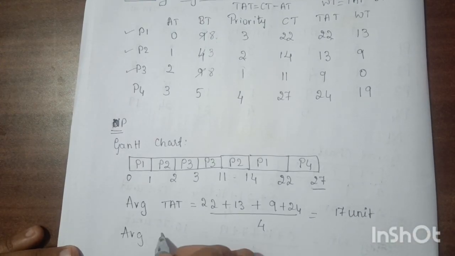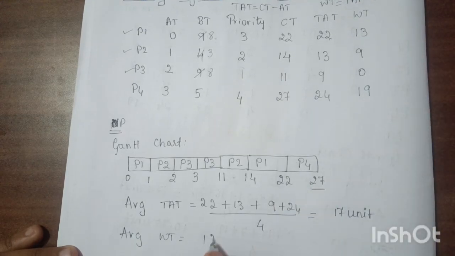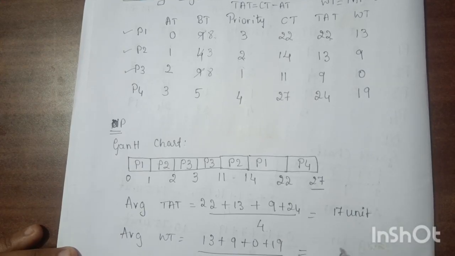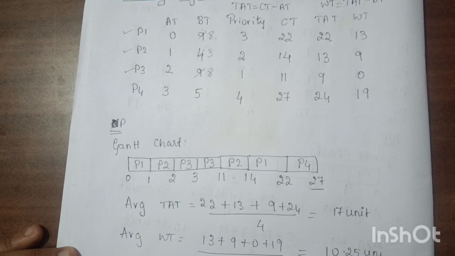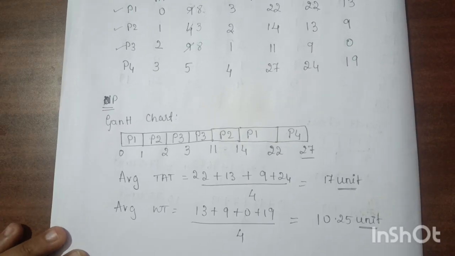Next we have the average waiting time, that is, this column should be added and divided by the number of processes. So you get something around 10.25 units. It's better to write the measurement, that is units or seconds or milliseconds or whatever.